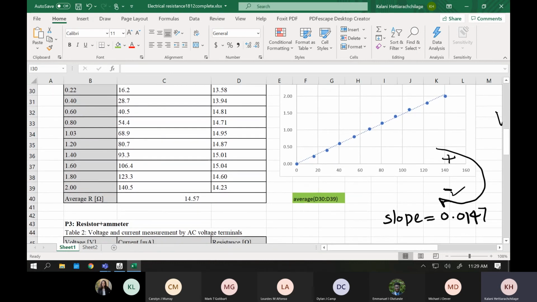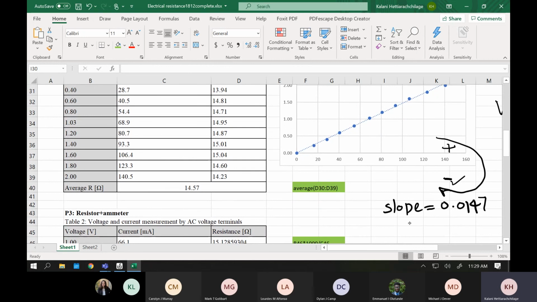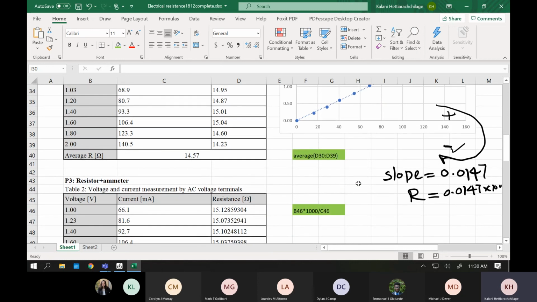So that means this is the resistance, but not in ohms. To make it ohms, you remember that I have the milliamps region, so I need to times the 1000. 147 times 1000 will give me the correct range. That will be the one calculation you have to do in your W equation. So R is around 14.7 ohms.